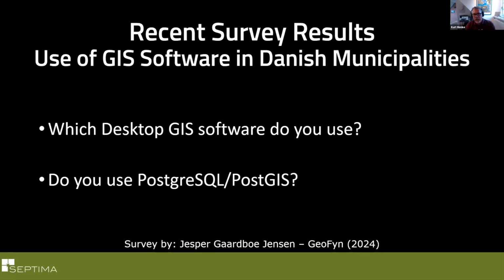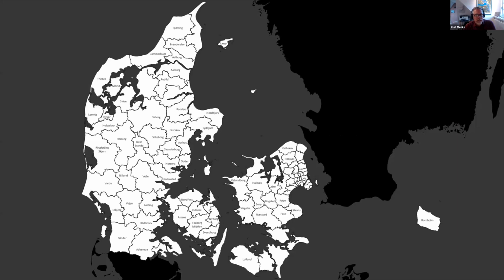This survey was done in the late winter of 2024 by Jesper Jensen at an organization called GeoFoon. These are what the 98 municipalities look like on a map in Denmark, just to get you situated. It includes this one island off to the east, Bornholm.